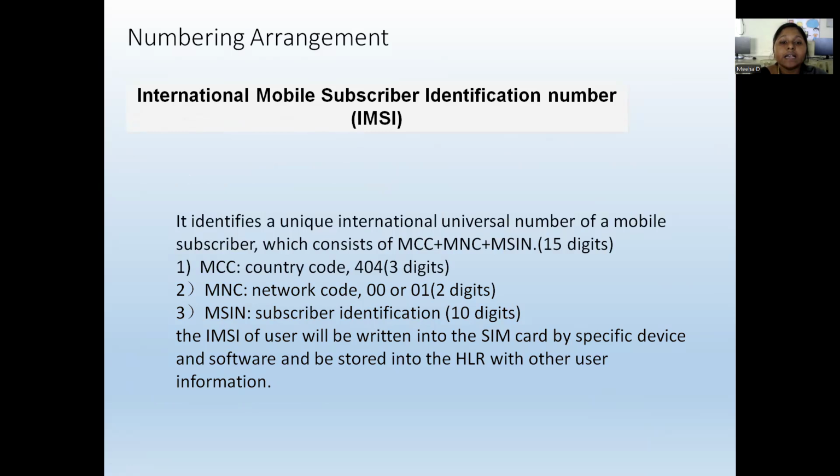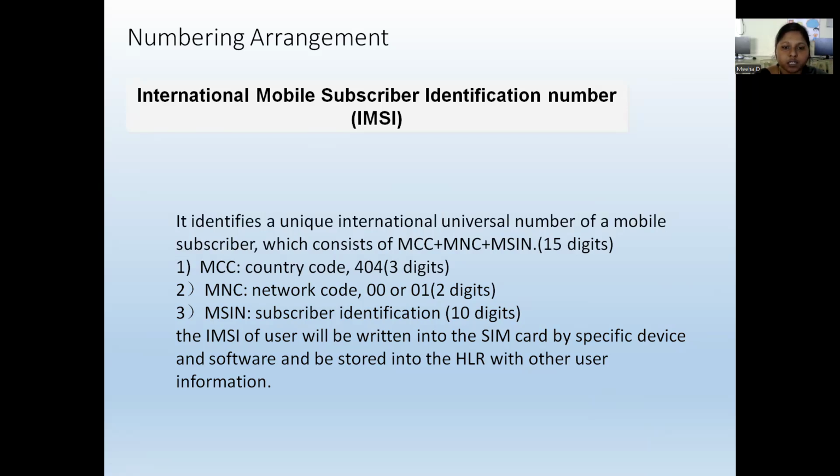Then IMSI, International Mobile Subscriber Identification Number. The IMSI is written into the SIM card by a specific device and software, and it is stored in the HLR with other user information. It contains the MCC country code, plus the MNC network code, plus the MSIN subscriber identification, the 10-digit mobile number.